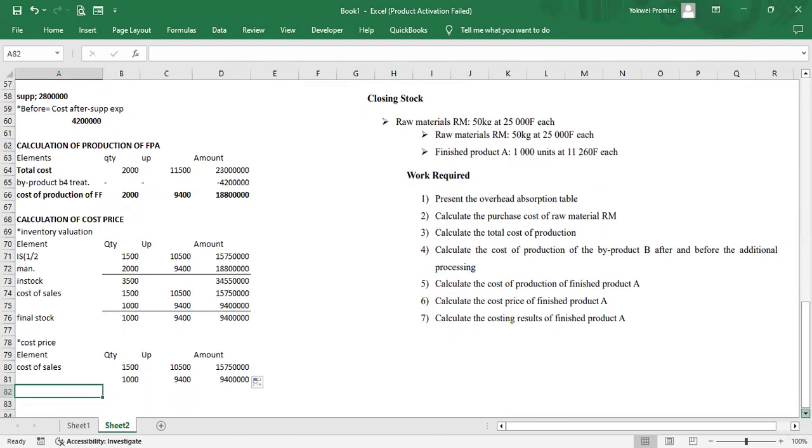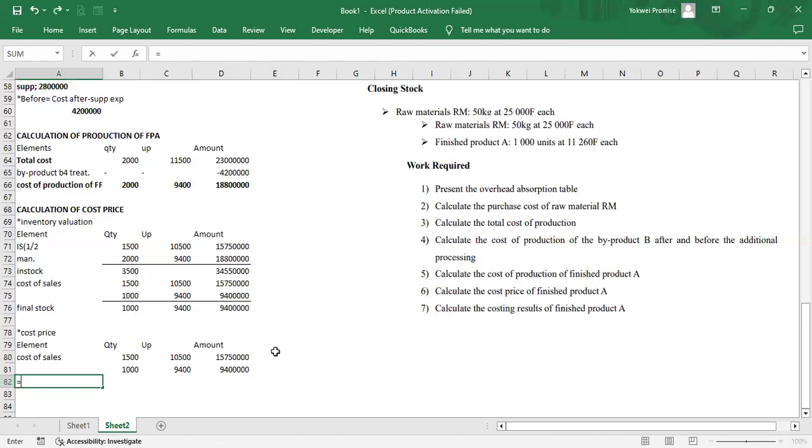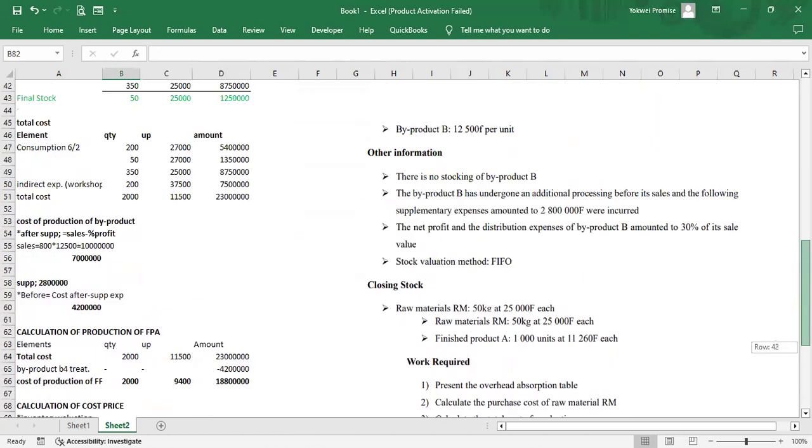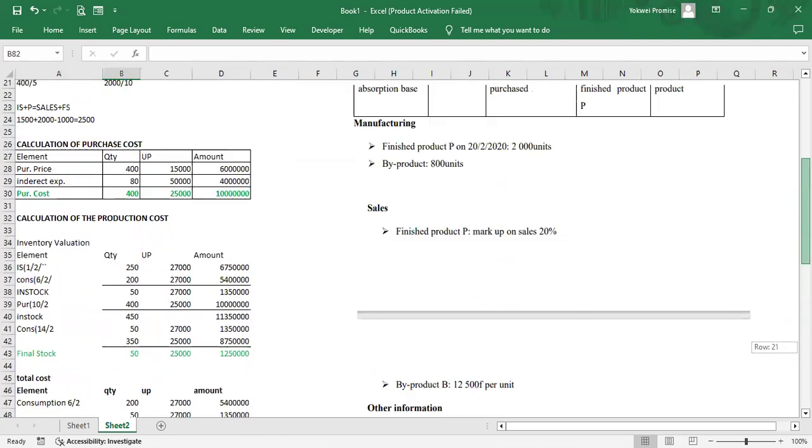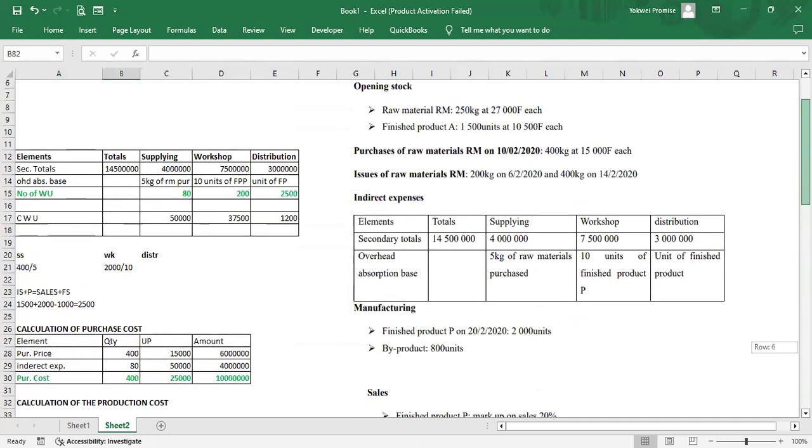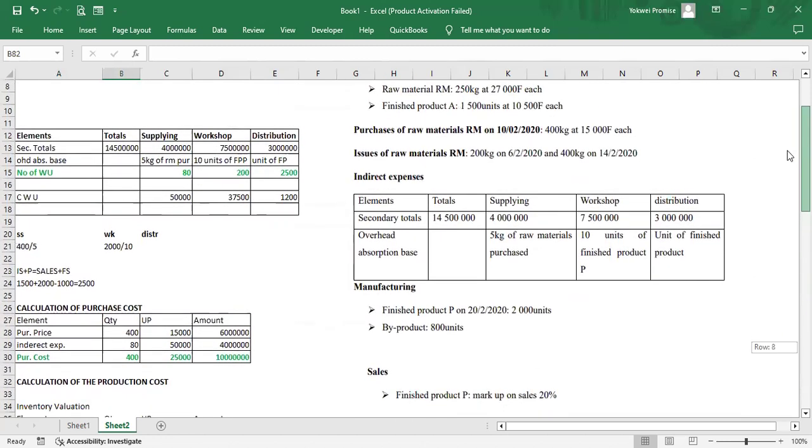So we're going to have indirect charges. The indirect expenses we are going to use here come from this, since the workshop is used for the production.